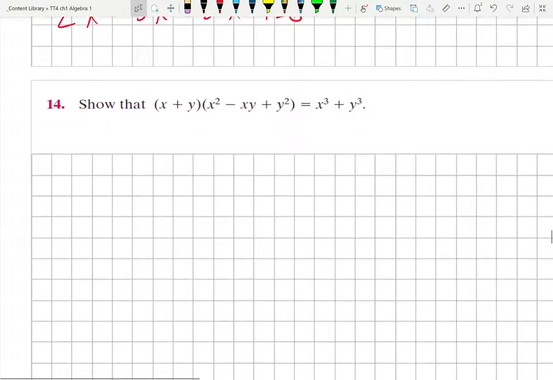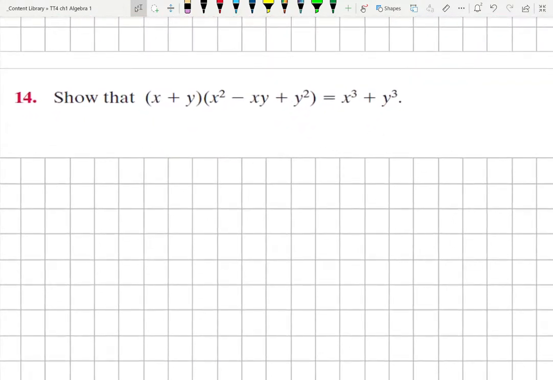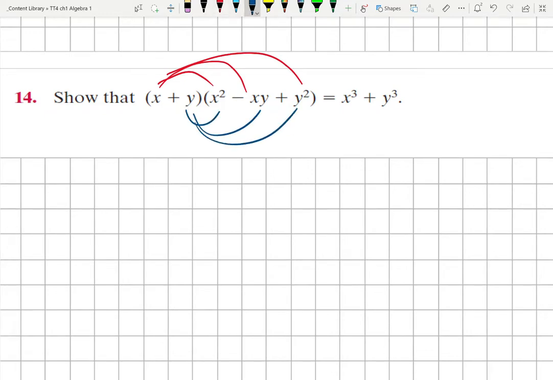Well, we can just do this linearly because the y is taking the place of numbers, and it might get a bit confusing if we don't just do 3 multiplications there and 3 multiplications here, and we'll have a load of cancellations. So let's do the top 3 red ones. What do we get? We get x cubed minus x squared y plus xy squared.